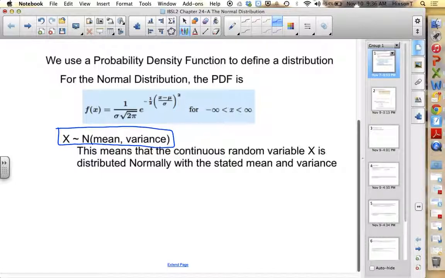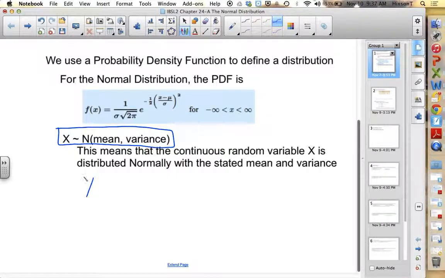Okay? X is distributed normally, that's what the N stands for, with a given mean and a given variance. Okay? So that's what you'll see. That's what you'll see your data given as. Okay? X is a continuous random variable distributed normally with this mean and this variance. Okay.